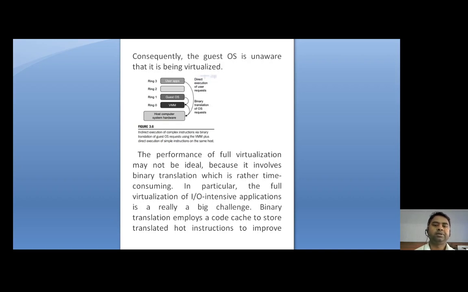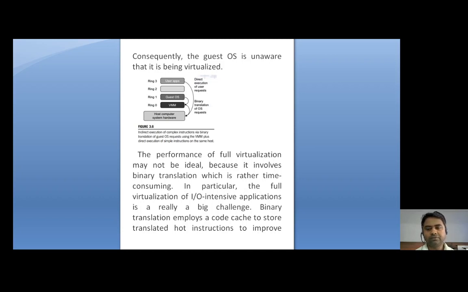User applications can directly execute user requests on the host computer system hardware. Our guest operating system first communicates with the virtual machine monitor, then the virtual machine monitor can execute on the host computer system hardware. This one is known as the binary translation of operating system requests, and the first one, where user apps can communicate with the host computer system hardware, is known as the direct execution of user requests.